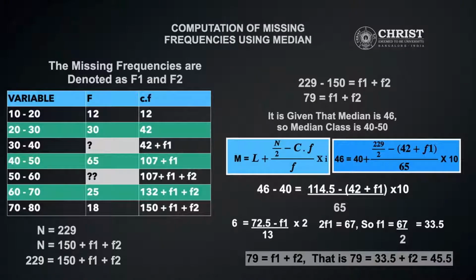We already have the equation 79 is equal to F1 plus F2. Substitute the value of F1 in that equation, then you will get the value of F2. That is 79 is equal to 33.5 plus F2, so F2 is 45.5. This is what I wanted to explain in this module, and it is very important: computation of one missing frequency or two missing frequencies. Thank you.